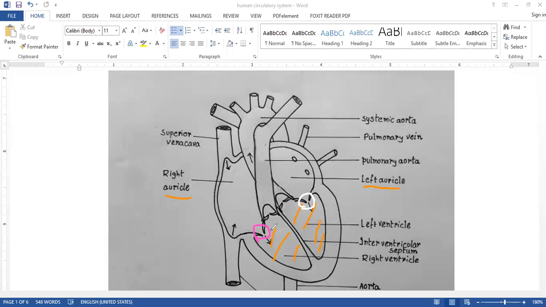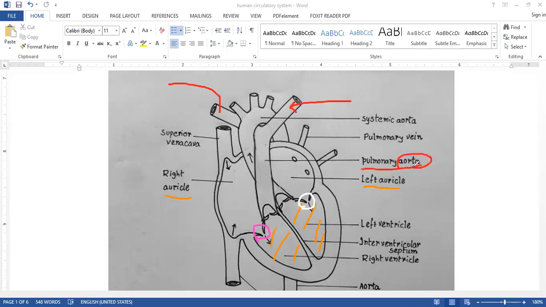There is a tube which is starting here, and this is the left pulmonary artery and this is the right pulmonary artery, and it can be called the pulmonary artery. And this tube starting from the left ventricle is called the systemic artery, or we can say aorta.